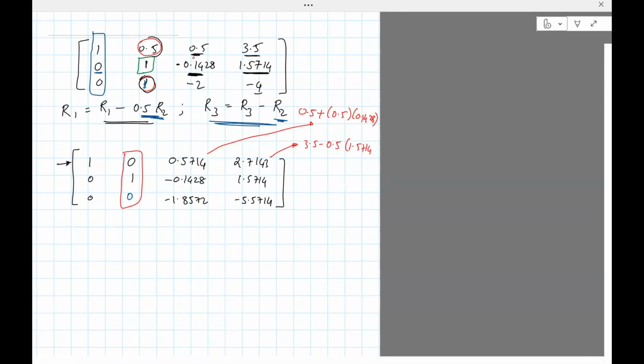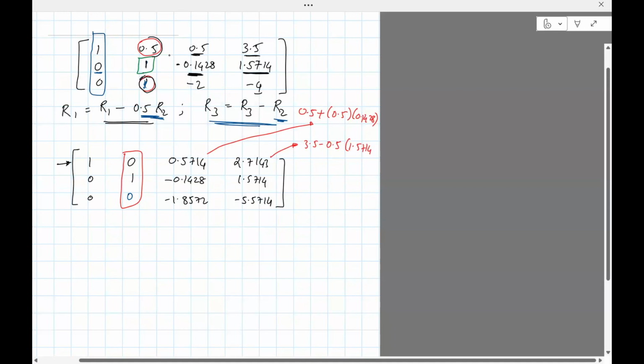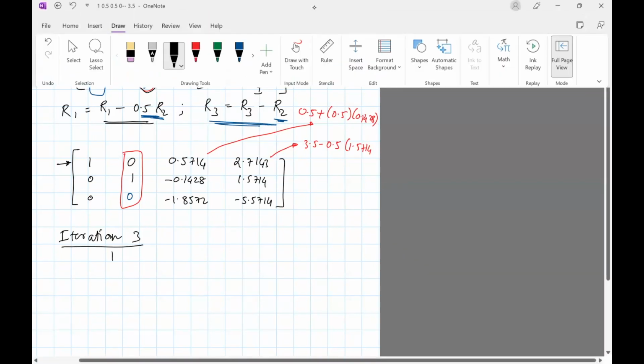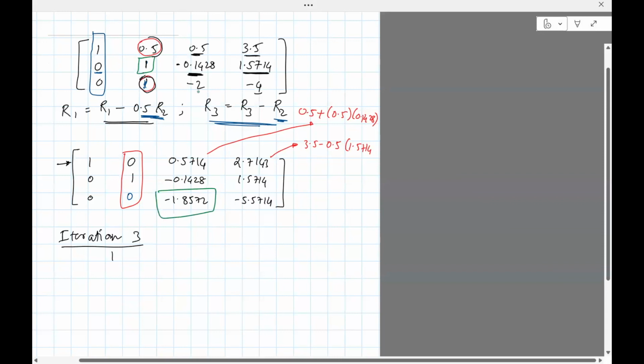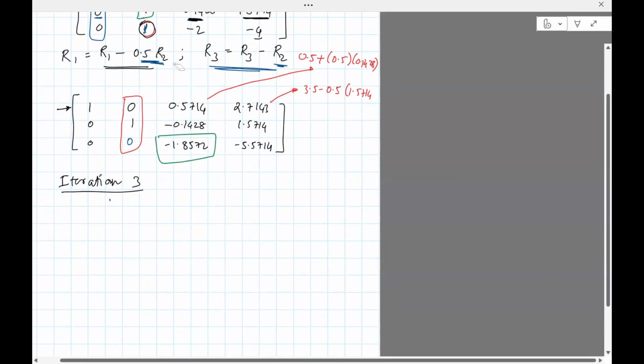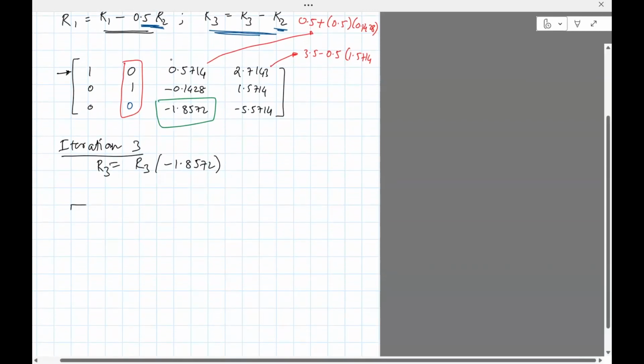Okay, now we're not very far from finishing this up. The last iteration is to do the same thing for the third column. For that, the pivot is this thing, minus 1.8572. So we take row 3 and divide it by minus 1.8572.